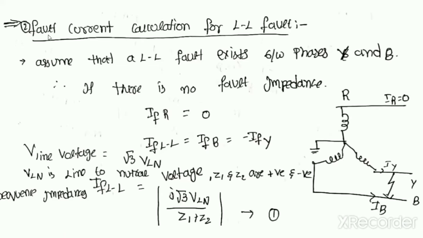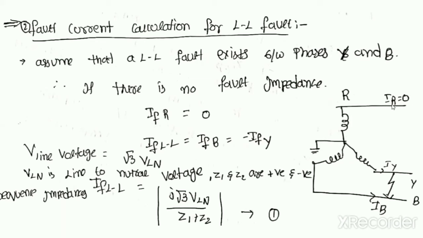Next we calculate the fault current for line to line faults, assuming that the line to line fault exists between phases Y and B. This is the three phase diagram, with the three phase windings connected in star connection.